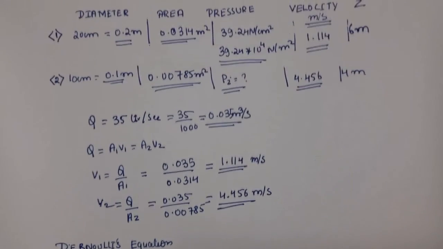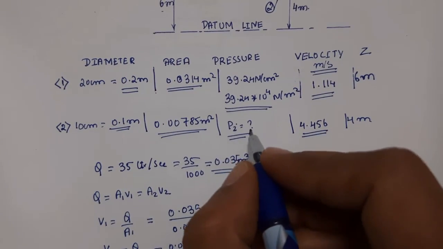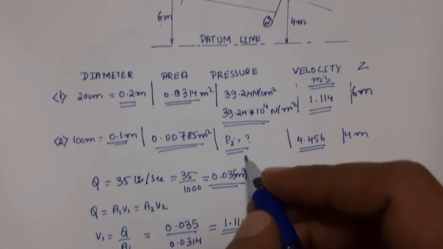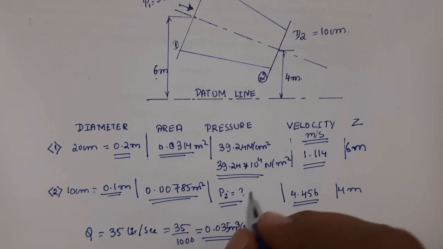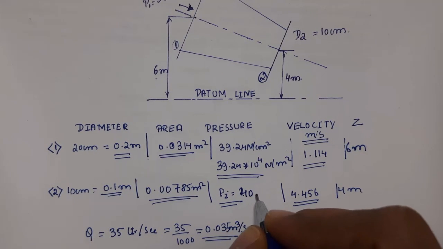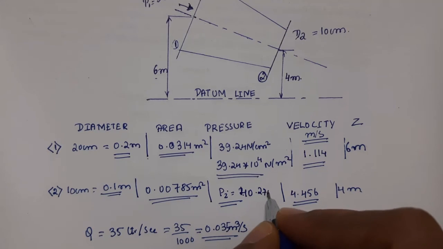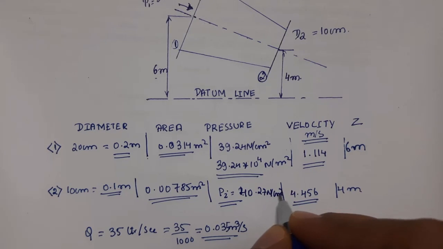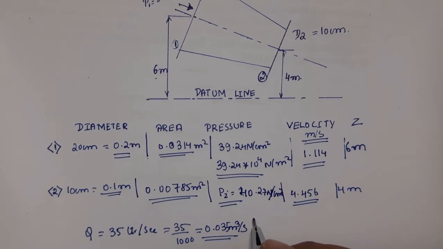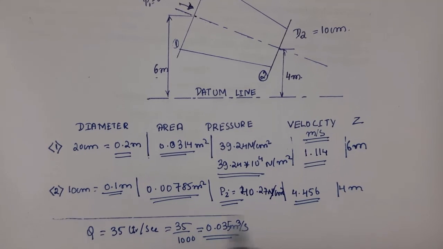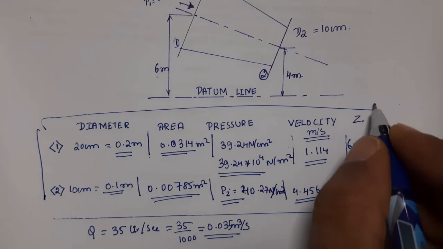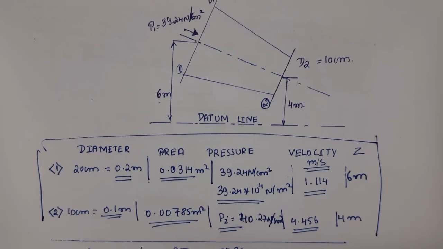Okay, so here we can write it down as the value of pressure P2 in this particular section. It is nothing but 40.27 Newton per centimeter square.